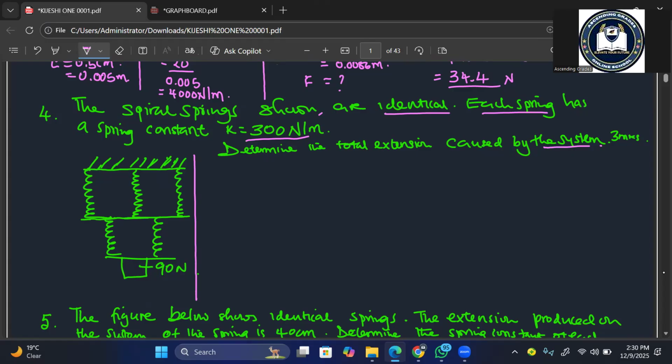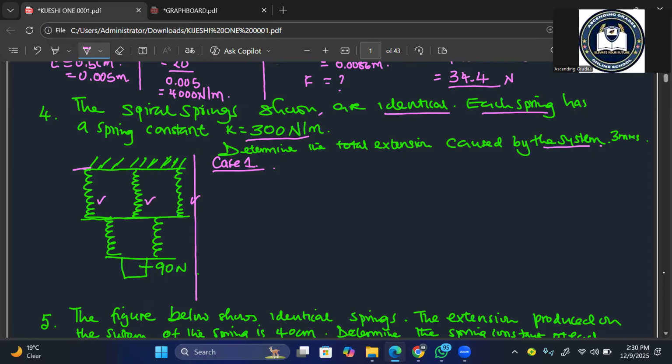So I can say case 1, the upper part will be having a combined spring constant of Nk, and they are 3.